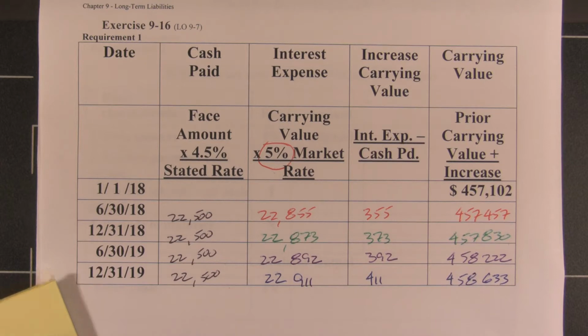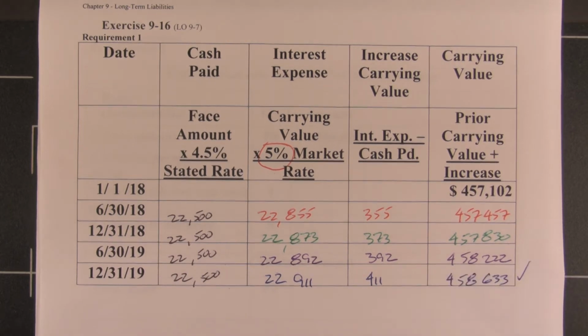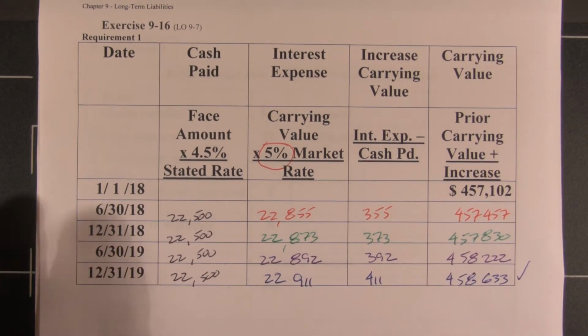Now they say at this point they decide to retire the bond. And when they retire the bond, it has a carrying value of $458,633. We just proved that.